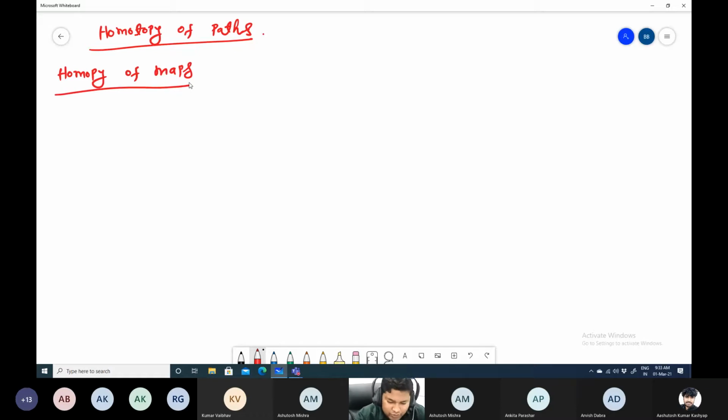First of all, here we have taken two paths f and g. A path means a continuous function from 0, 1 to x, and it was given that f of 0 equals g of 0 and f of 1 equals g of 1, and we define a homotopy.